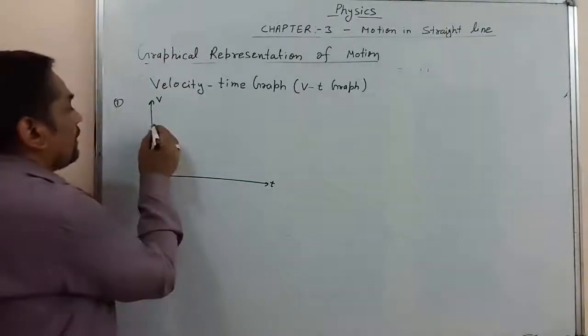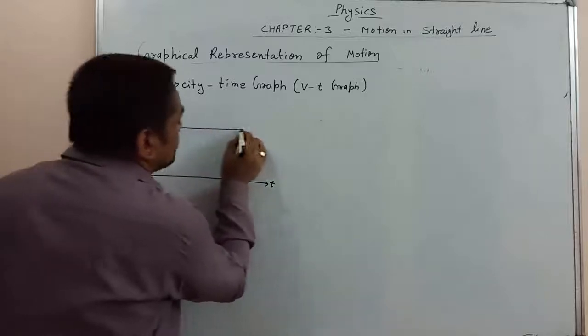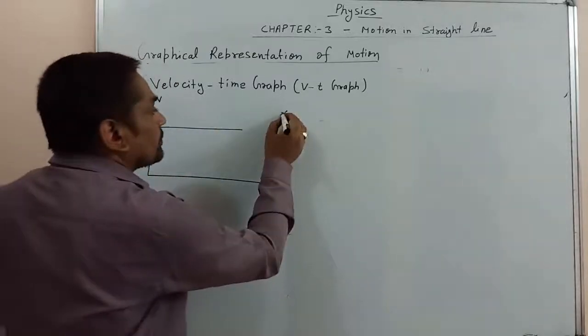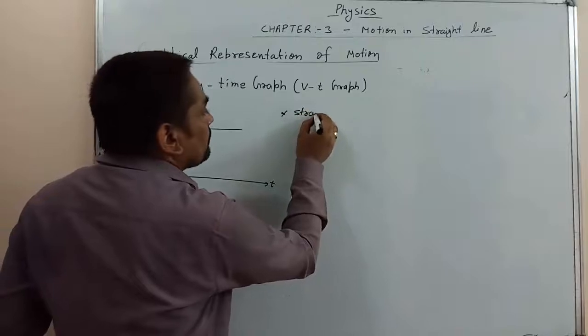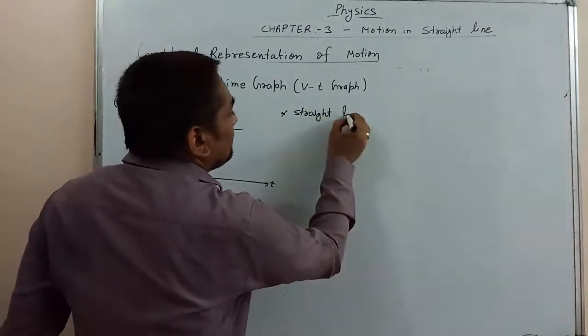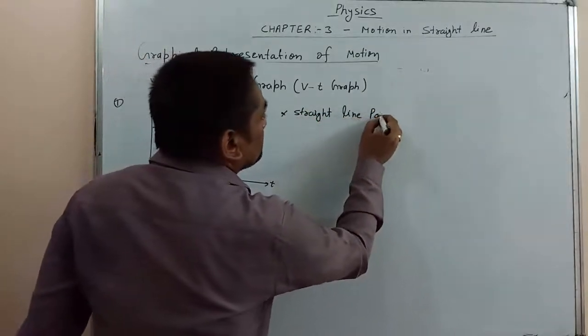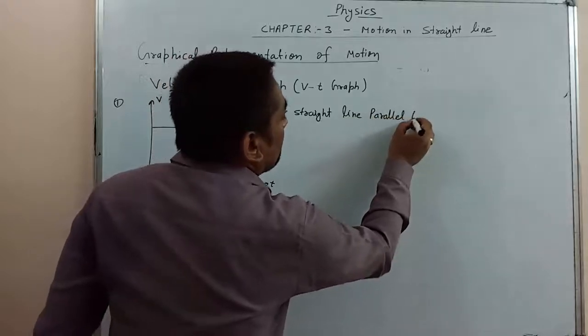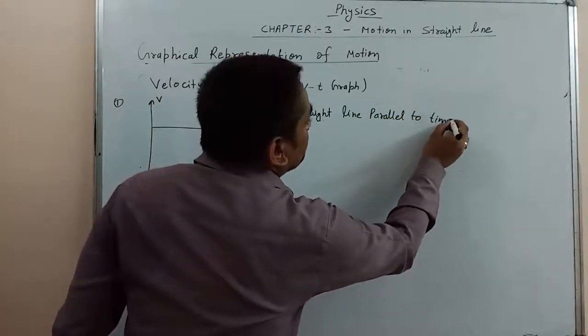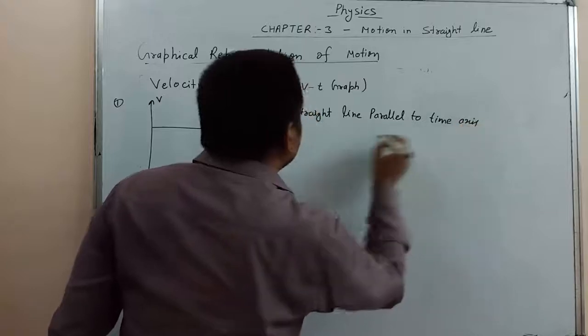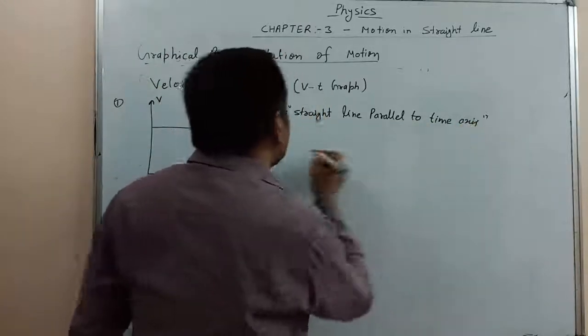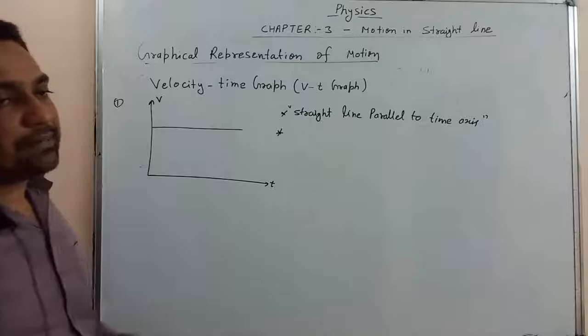Okay, the first type of graph: if the graph is a straight line parallel to the time axis, what is represented by this graph?